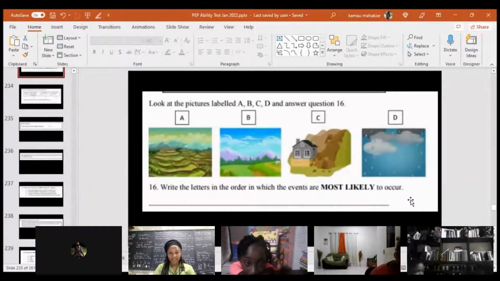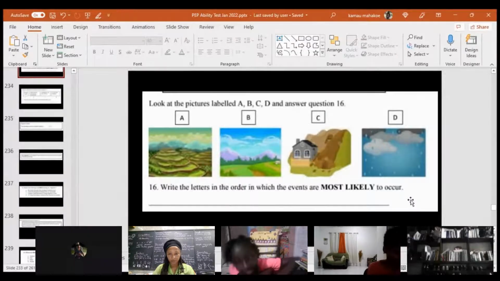So now that we're seeing it clearly, what order would they most likely occur? So remember, this is the community or the environment. It's a lovely summer's day.